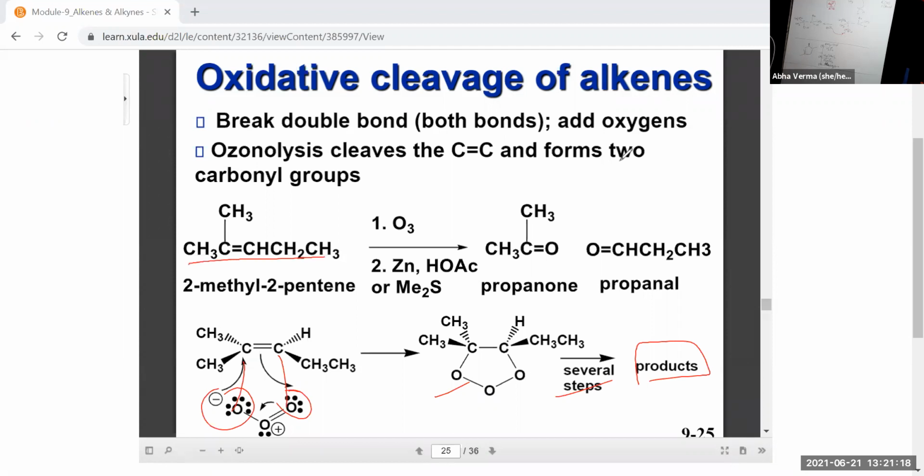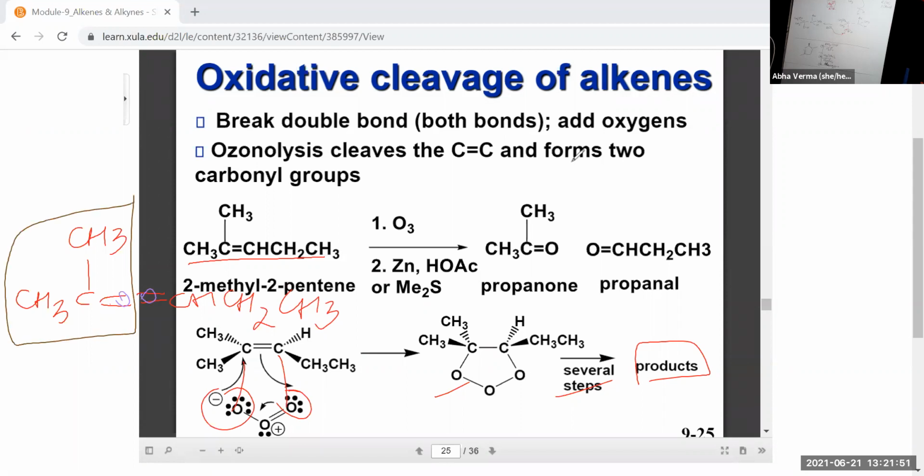Let's say that you are given this particular product, CH3, C, CH3, and I will just elongate this particular double bond right here. And within the double bond, I'm going to insert 2 oxygens. What does this do? I got one product here and my other product right here.